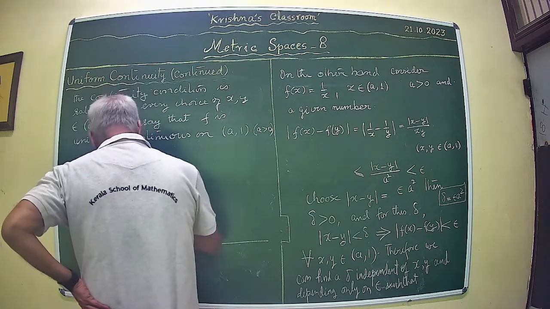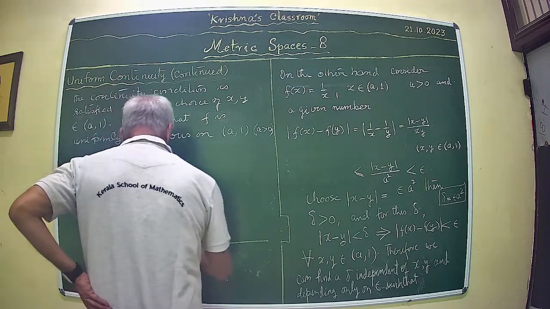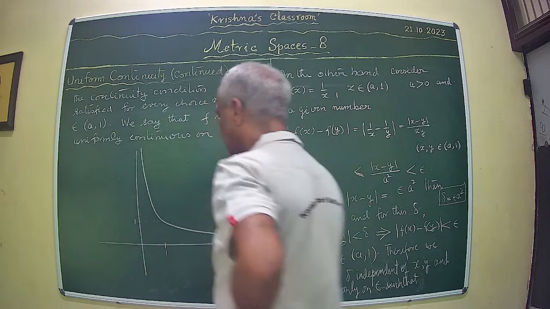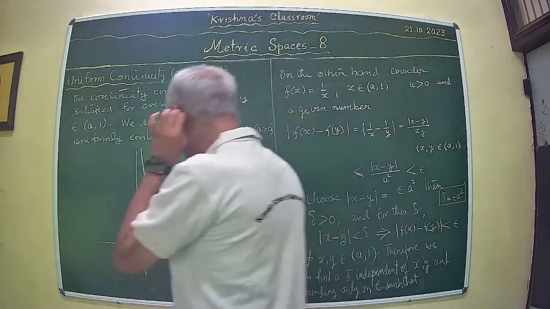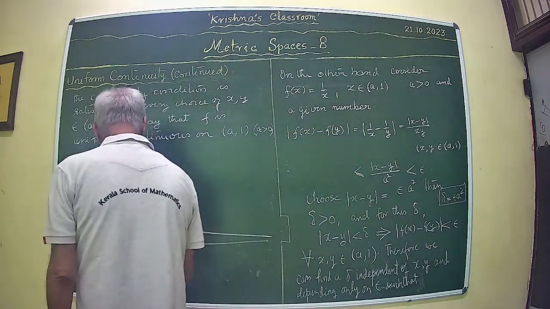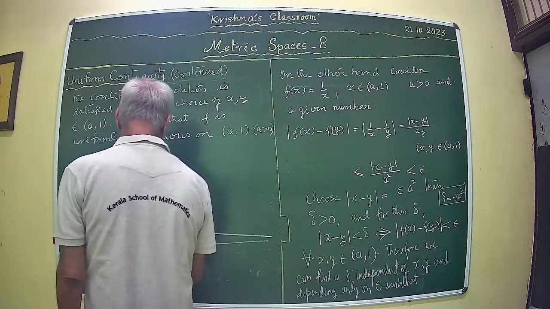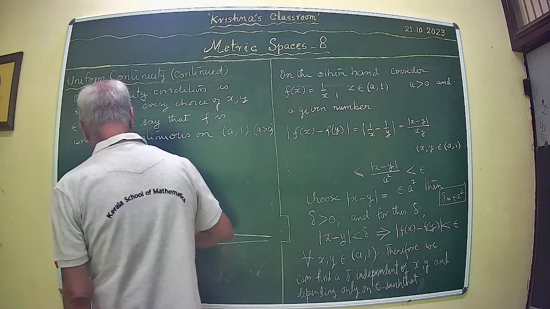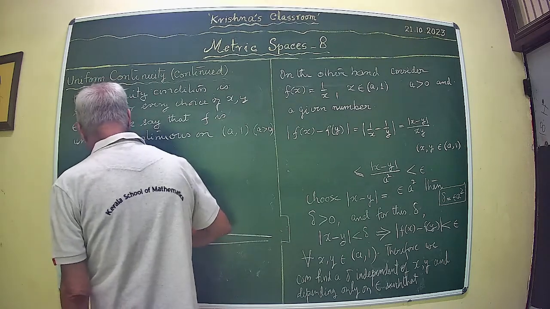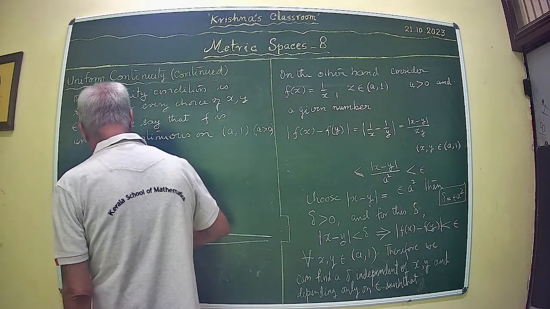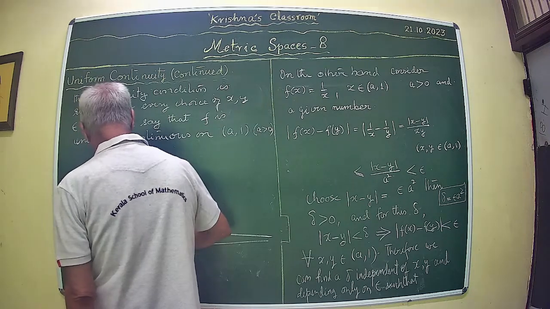Something like this. This is the function. Now you see that if you are here, so if this is your a and you are beyond this, then you can find a delta.